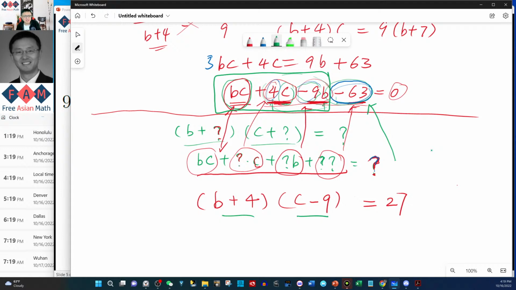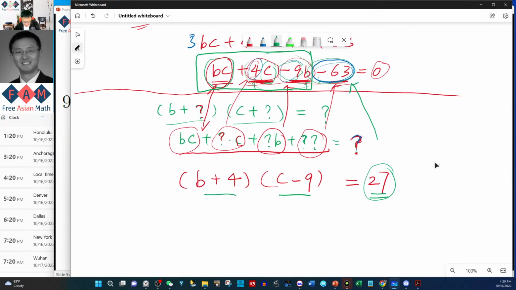Integer plus or minus integer is still an integer, can be negative, but that's still an integer. So two integers multiply to 27. So this really becomes a factorization problem, because you can only have quite a limited number of ways to factorize 27.